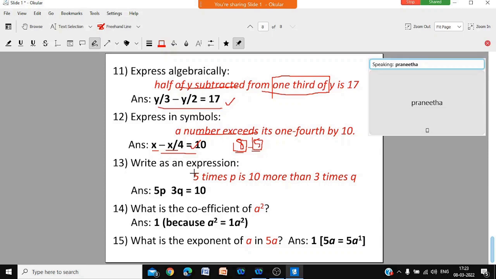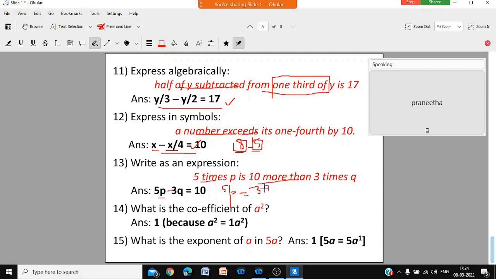Okay. Now 5 times p, that is 5p, is more than 3 times q. Sorry, that should be a minus sign: 5p minus 3q equal to 10. Or you can also write 5p equal to 3q plus 10. That also you can write. 5p is 10 more than 3q, so 3q plus 10.